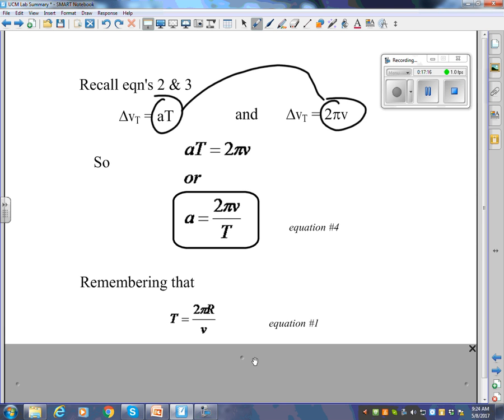Go back to saved equation number 1. Saved equation number 1 said that T was equal to 2 pi R over V. Is this T and that T the same? Yeah. Guess what I'm going to do?